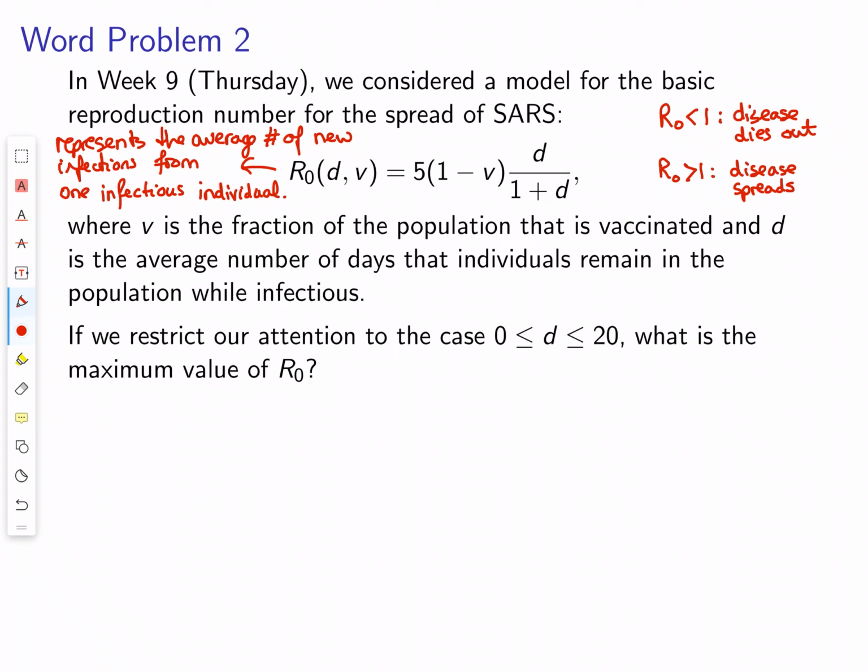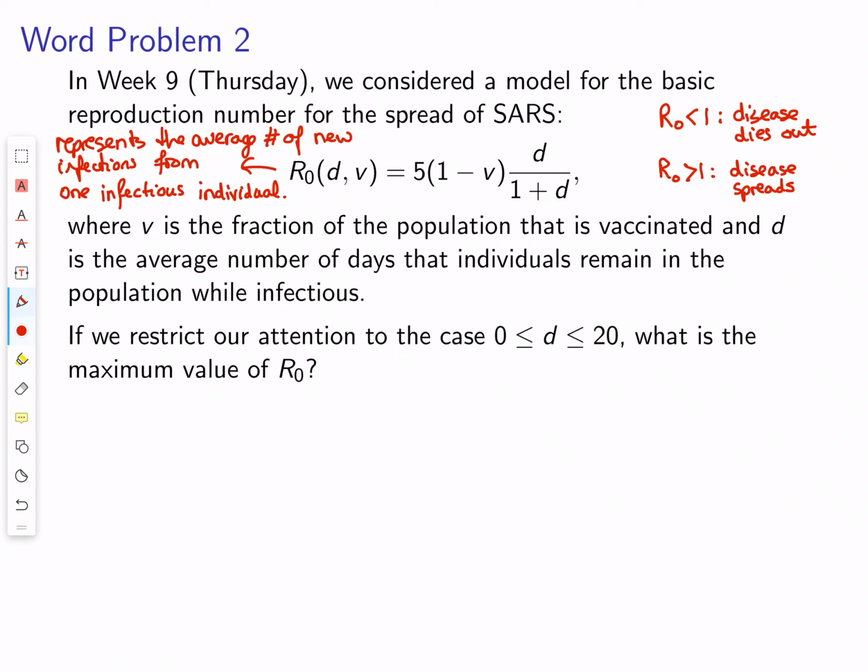We're desperately trying to get R naught down to a number that's not much larger than 1 and ideally below 1. We had an expression for R naught depending on two important variables. D is the average number of days that an individual remains in the population while infectious, before they're quarantined or realize they should self-isolate.